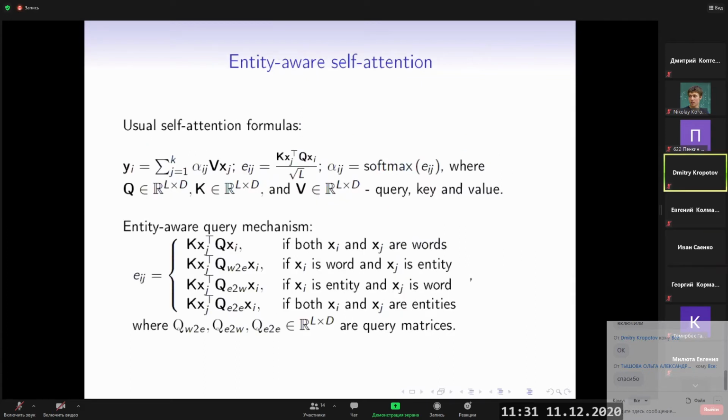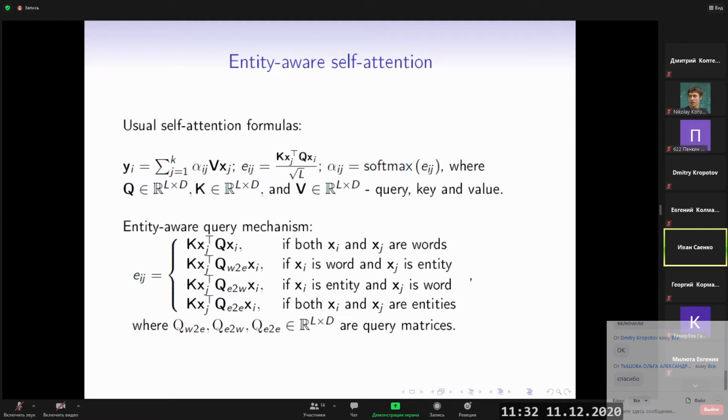Well, of course, there are the usual formulas for self-attention, which were used in earlier articles. Now the authors decided to use a special entity-aware query mechanism. They calculate the attention scores in a different way.